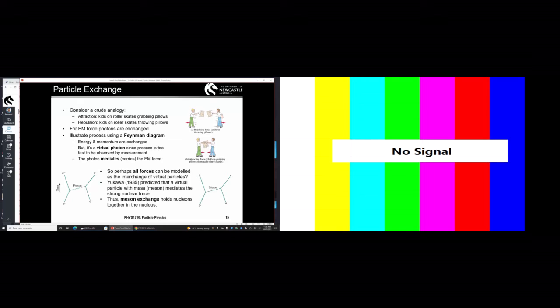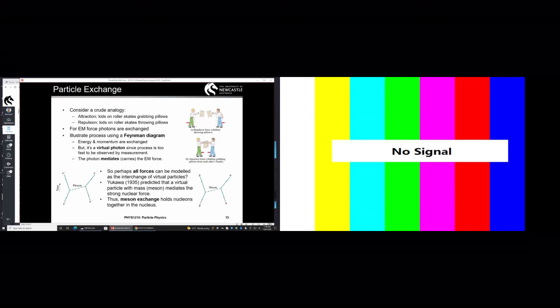This is known to be a photon in the case of the electromagnetic force. So the electromagnetic force is carried by photons. The photon, though, is a virtual particle because this process is too fast to be observed by any measurement.